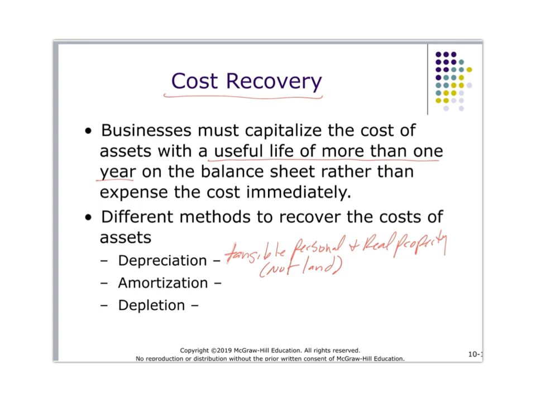Amortization refers to deducting the cost of intangible property. And then depletion is used for natural resources.